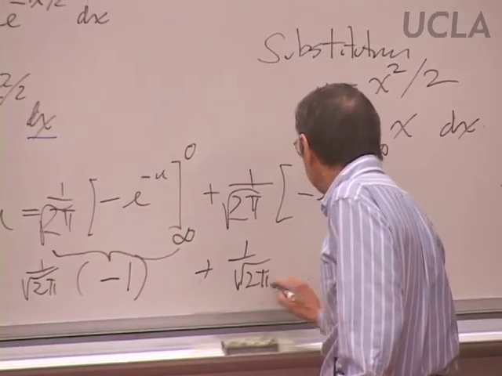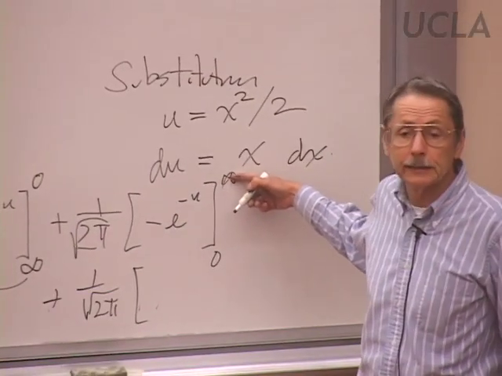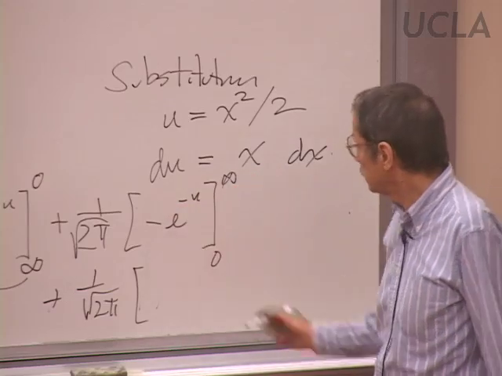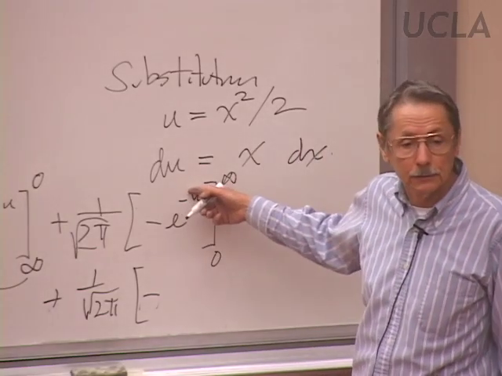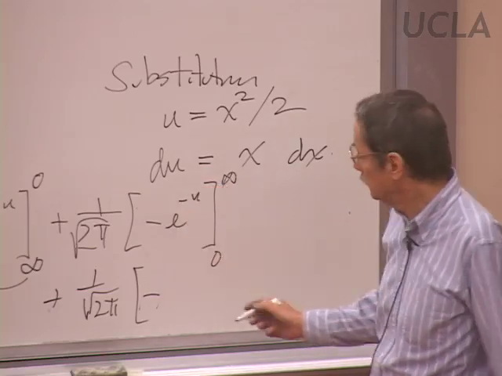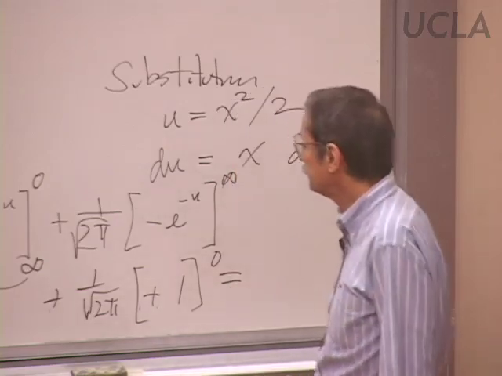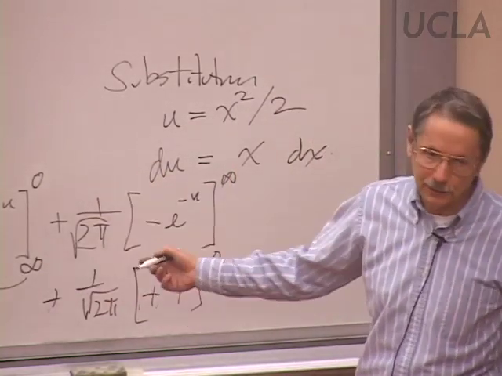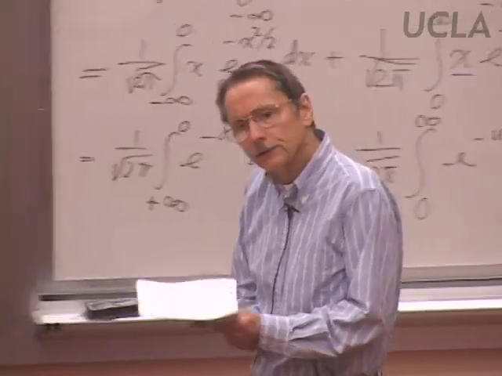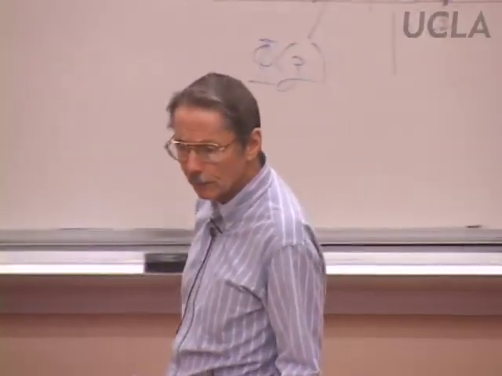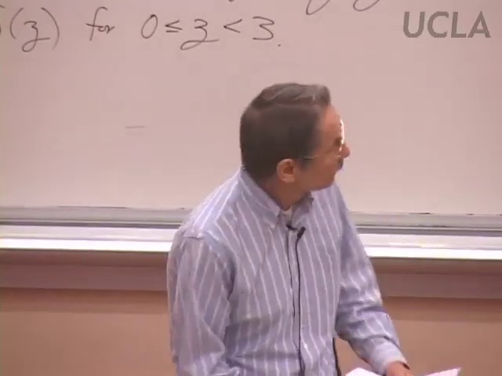What about the other half? Well, we plug in u equals infinity, and we get 0 minus, and then we plug in u equals 0, and we get minus 1. So we have minus 1 plus 1. Well, we knew the mean was going to be 0, and we can do the calculation by working out the integral using substitution.